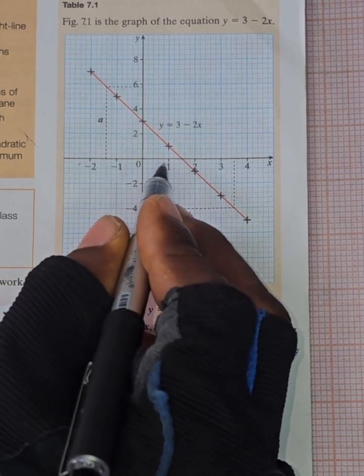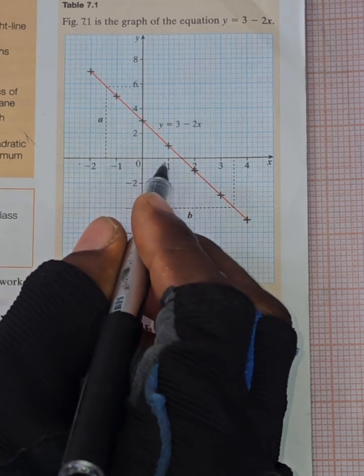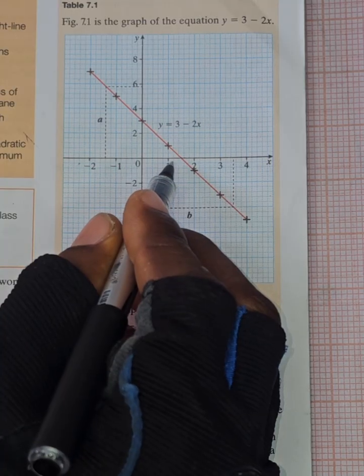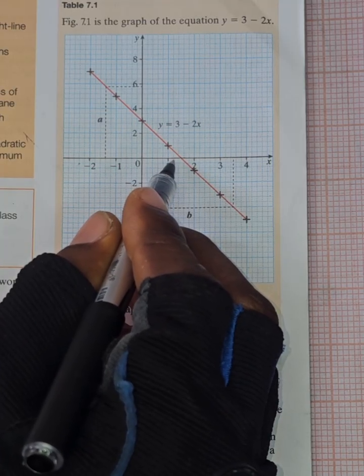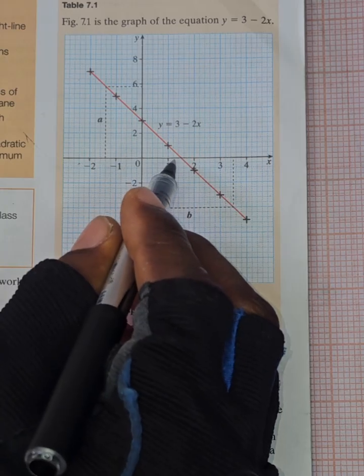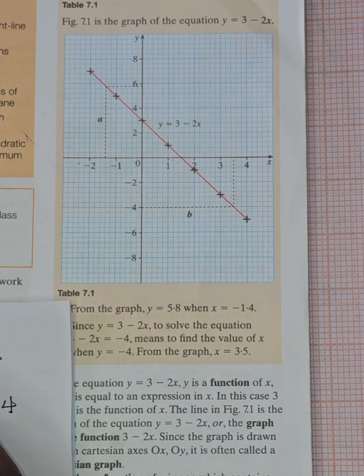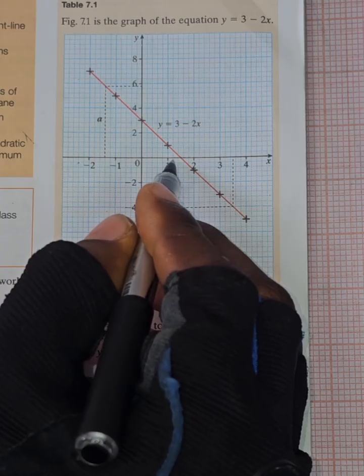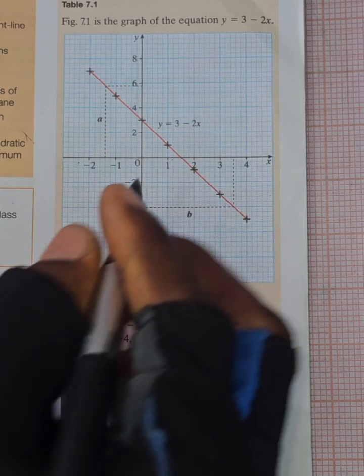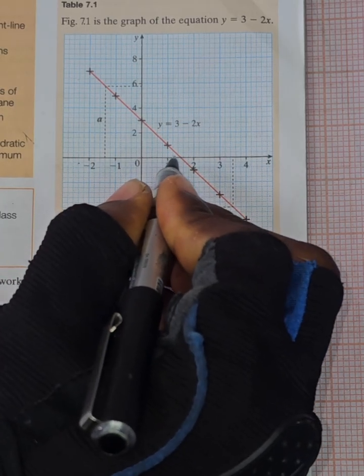This is 1. To get 1.4, remember that I said that each of these squares is 0.4. So this first square here will be 1.4. So you now look for the value of y. For you to get it, just look for the point where the x-axis meets this new line that you have.